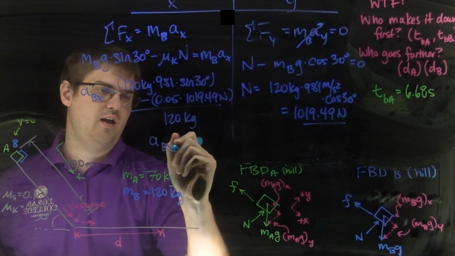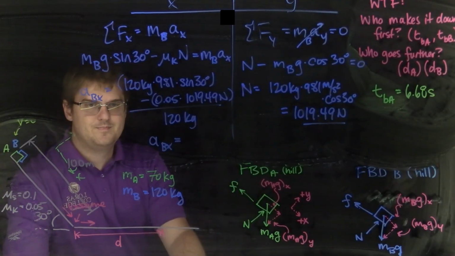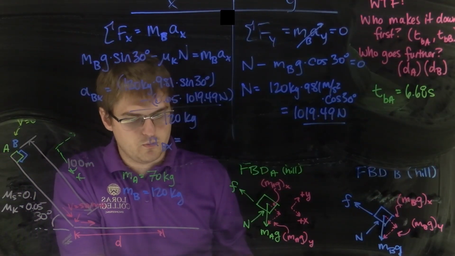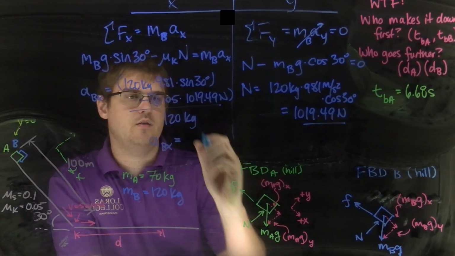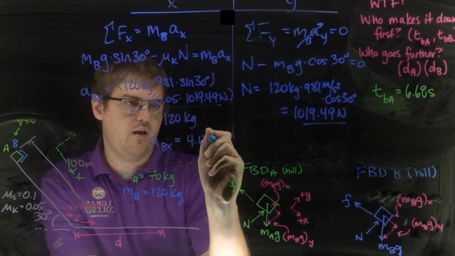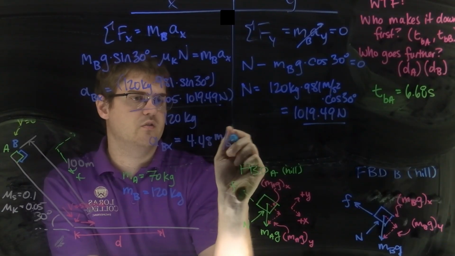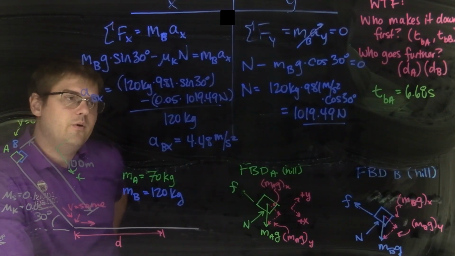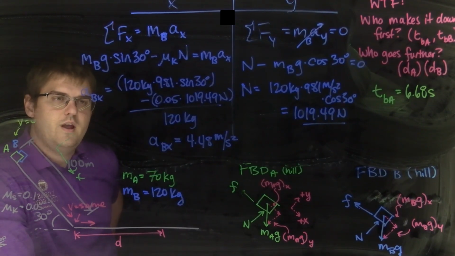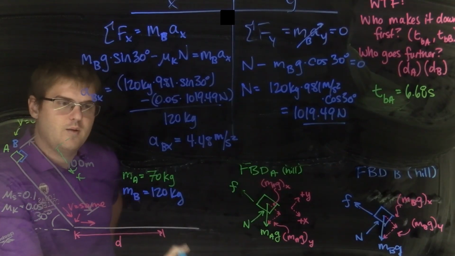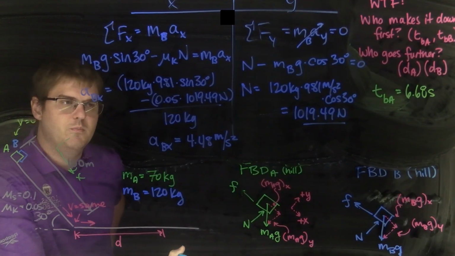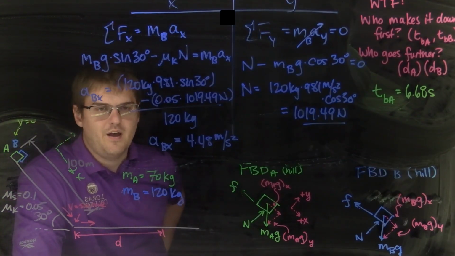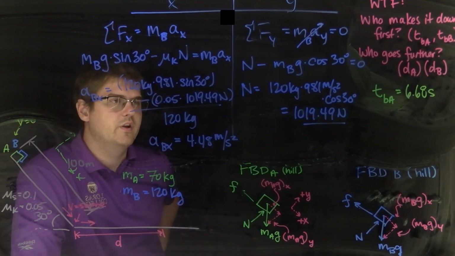Acceleration of B in the X, well, that comes out to exactly my same number, which I don't remember what it was. Acceleration of B in the X was equal to 4.48 meters per second squared. I am accelerating at exactly the same rate as student A was, even though I weigh 50 kilograms more. Maybe not almost 100% more, but I weigh significantly more than them. I'm getting close to double.